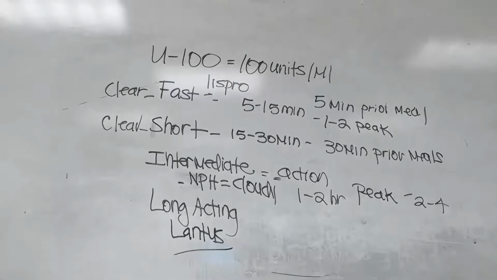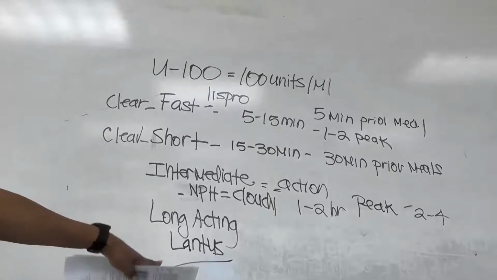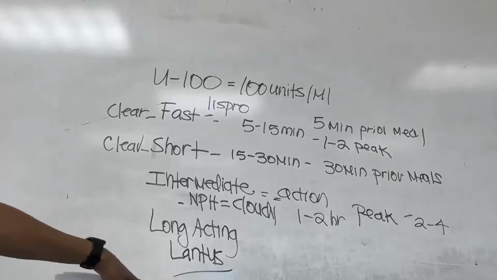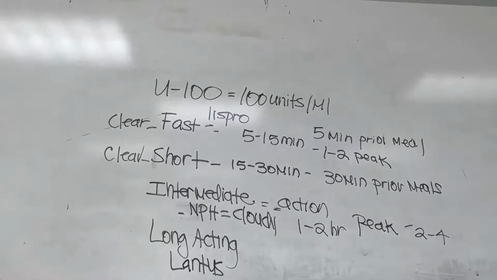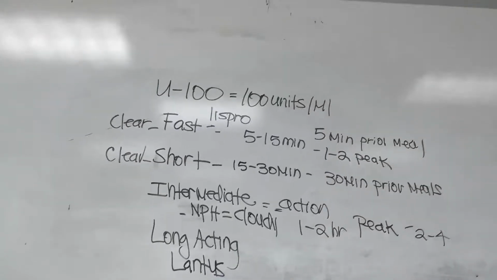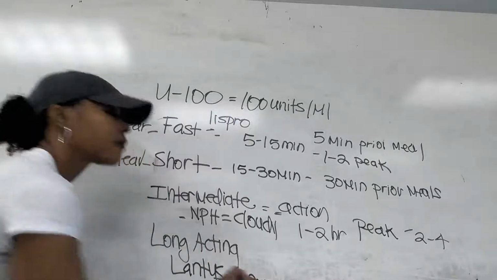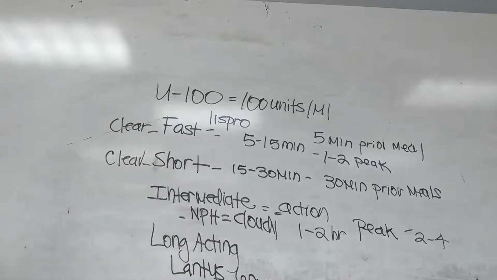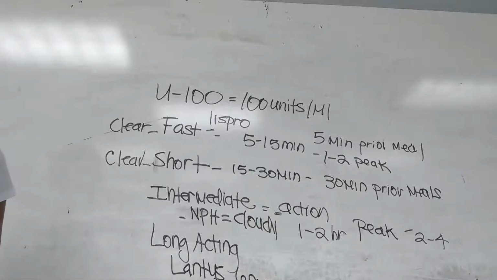One of the characteristics of Lantus is that it must be given at the same time every night. Usually it's given at 6 p.m., all right? This medicine works overnight for our non-compliant diabetics, those who like to eat a little cookie at 10 p.m., or they eat some candy.